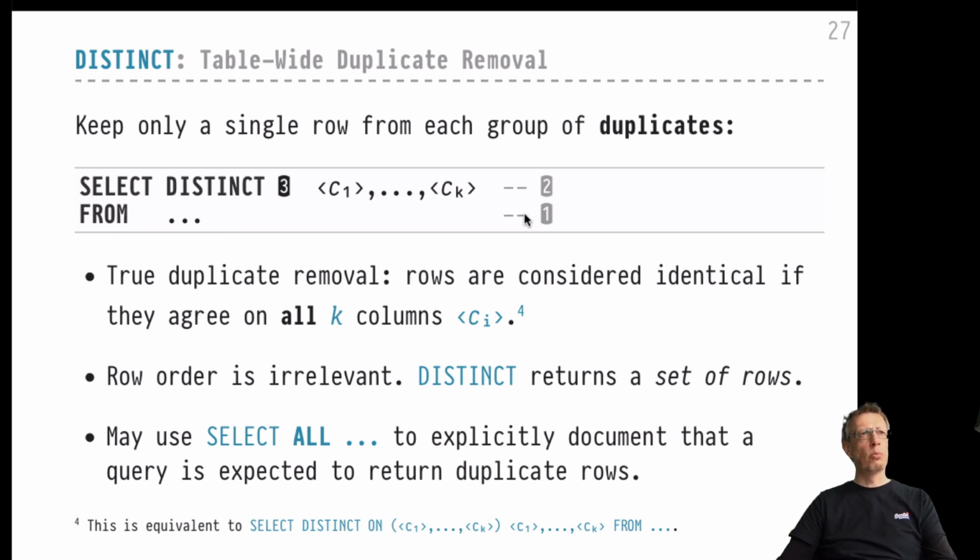So the from clause comes first, then the select clause comes, and we will see what the resulting rows look like. And then distinct will remove all duplicate rows. So we will never see duplicate rows in a query that has this distinct modifier attached to the select clause. The result will be a set of rows, not a bag of rows with potential duplicates, but a real set of rows.